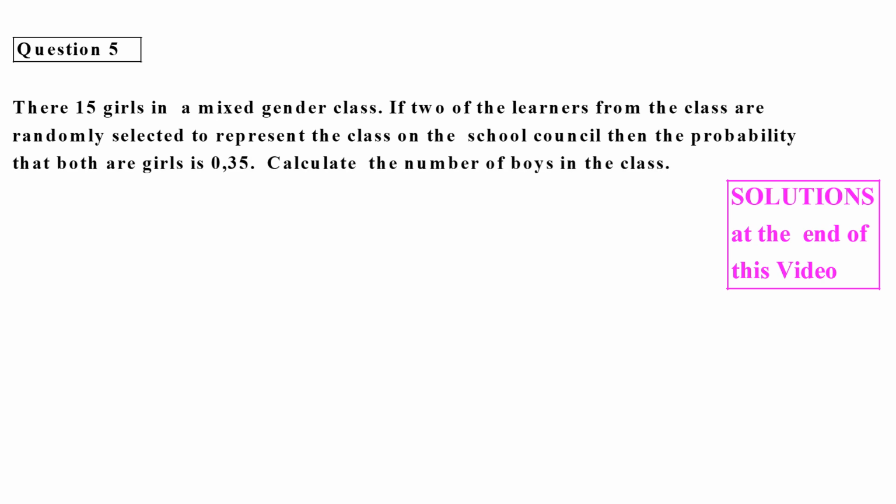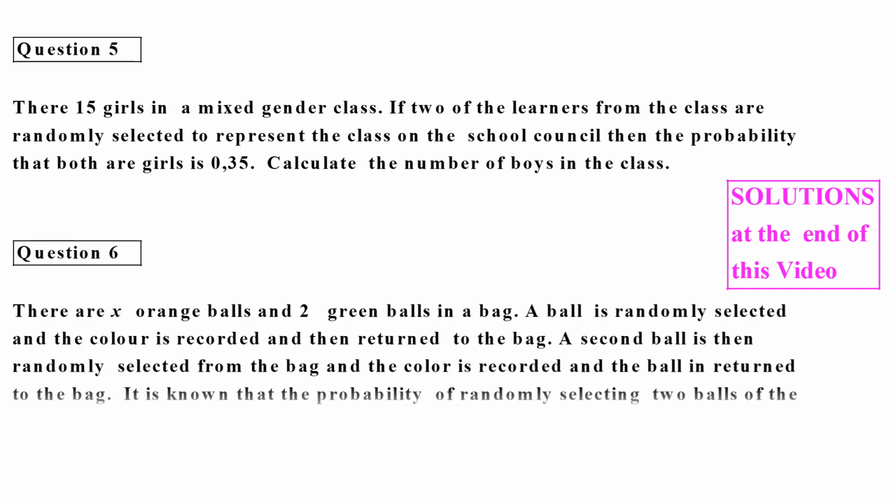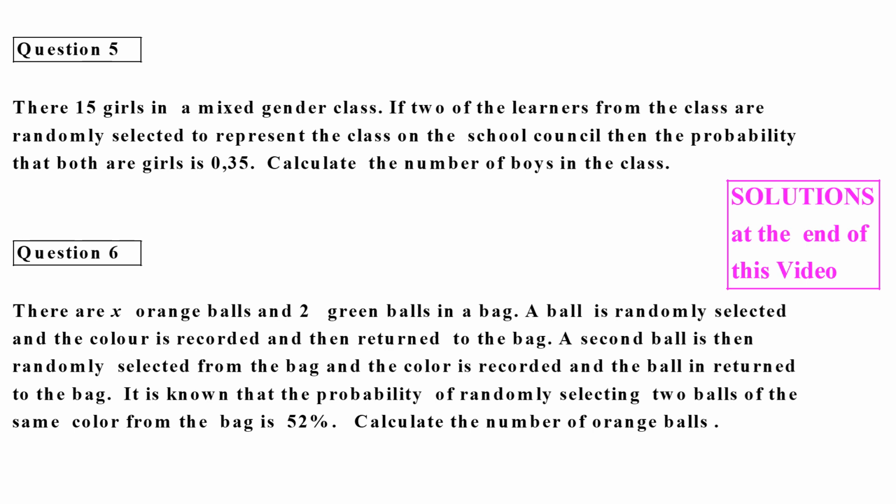Question number 5, we have a question here where the number of boys is missing and you have to calculate the number of boys based on the given probabilities. Question number 6, we have the number of orange balls missing and we have to calculate the number of orange balls.